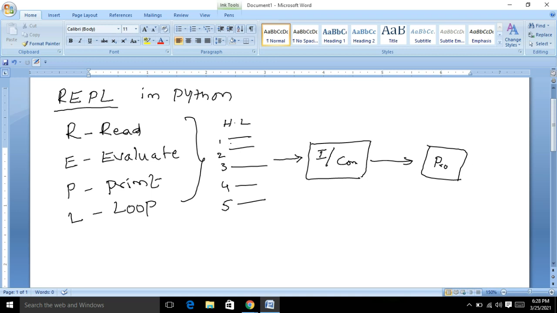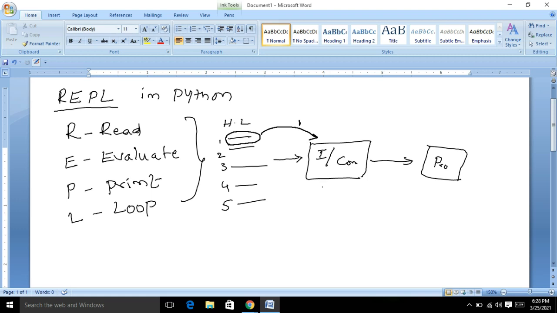First, the first instruction is taken. That means it is read into the compiler or interpreter. That is the first step. Second, it will be evaluated.